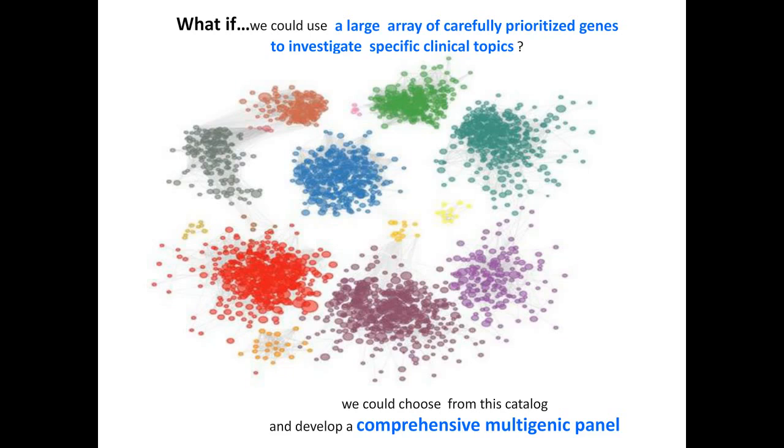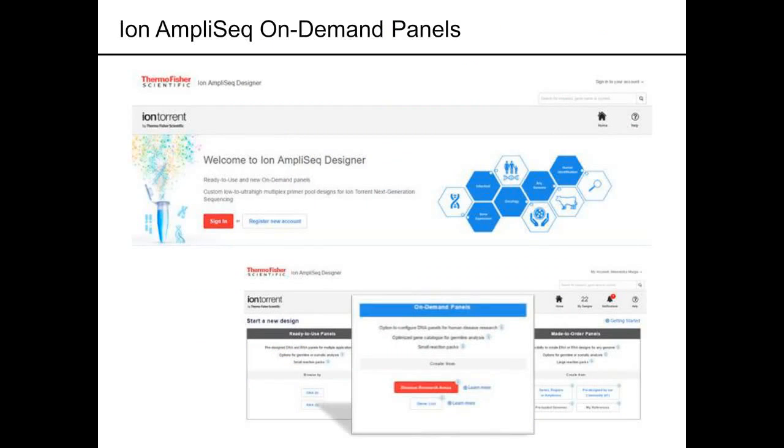We then could choose from this sort of catalog and develop comprehensive multigenic panels, which is what we finally want to do. This is something that we had in mind, and we were fortunate enough to have an early access to this new Ion AmpliSeq On-Demand panel system.